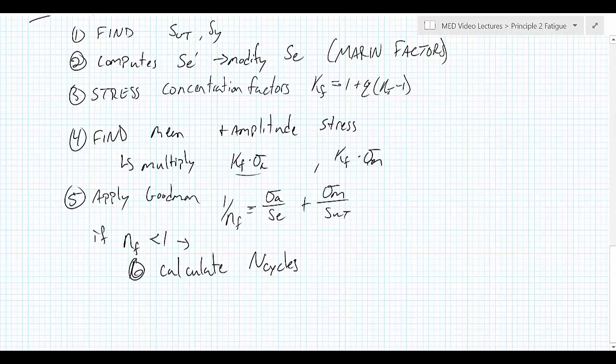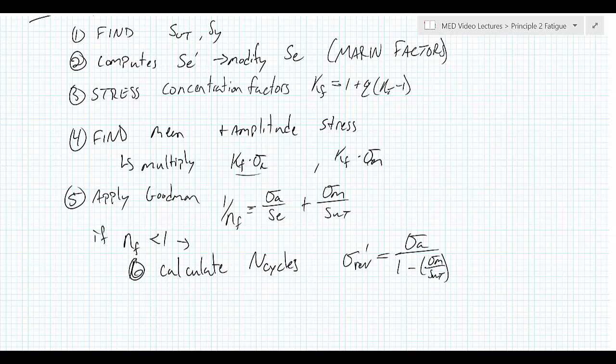We now have some component from sigma M as well as sigma A. And so what we actually need to do is come up with an equivalent fully reversed stress. And that equivalent fully reversed stress is sigma A over 1 minus sigma M over the ultimate strength. It's basically just converting the stress case around a little bit.